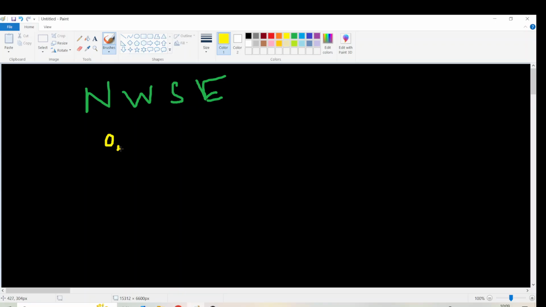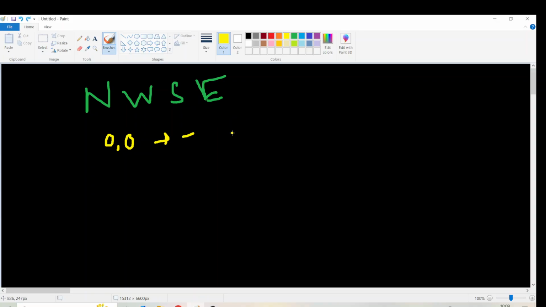So initially we will be at 0, 0, and when we are at index 0, we will go to north. North means our y coordinate will be decremented by 1, so we will be at 0, minus 1. And again we are going west. West means we will decrement our x coordinate by 1.